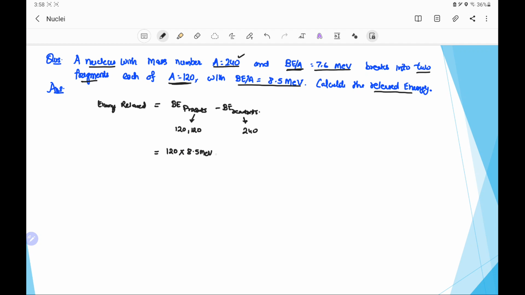This is one of the daughter nuclei, plus the other, which has the same mass number and the same binding energy per nucleon. So this is the total binding energy of the products, minus the binding energy of the reactant, the heavy nucleus which has mass number 240, so it is 240 into the binding energy per nucleon of the parent nucleus, 7.6 million electron volt.